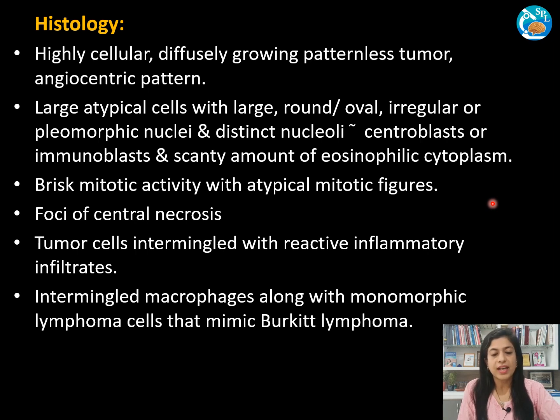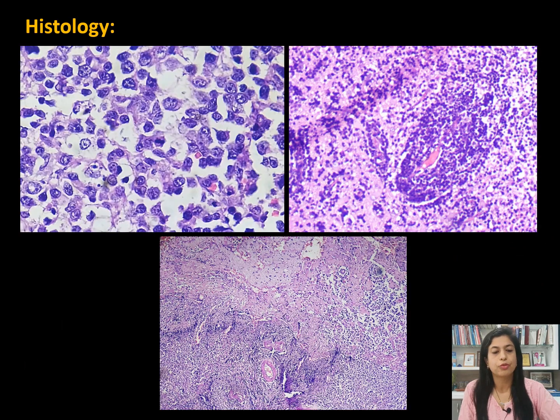Brisk mitotic activity with atypical mitotic figures is present. Usually central necrosis is found. The tumor cells are intermingled with reactive inflammatory cells, and sometimes macrophages with foamy or clear cytoplasm, when present with a monomorphic morphology of a lymphoma, may mimic Burkitt's lymphoma.